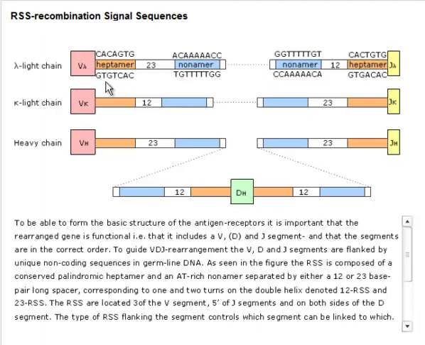One of these sequences is a palindromic heptamer, so it contains 7 bases. If you look at the sequence going in the 5' to 3' direction, you'll see it's CACAGTG in this case, and a palindrome contains the exact sequence going back in the reverse direction on the opposite strand. So this strand is going 5' to 3'.